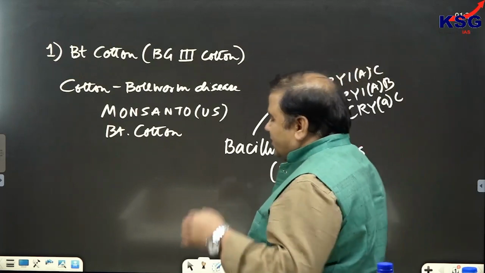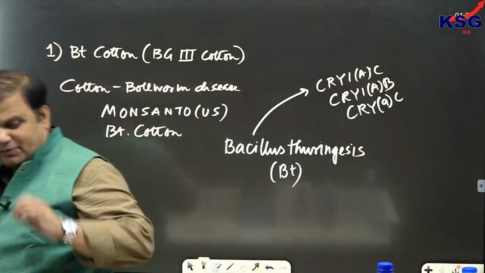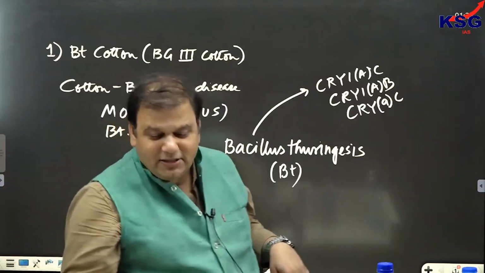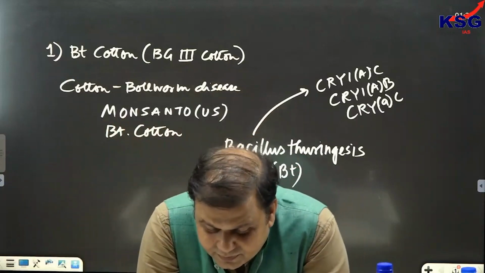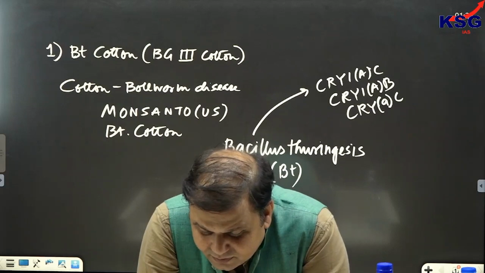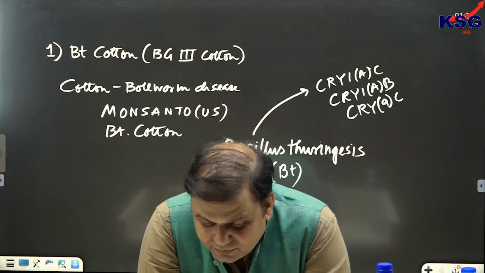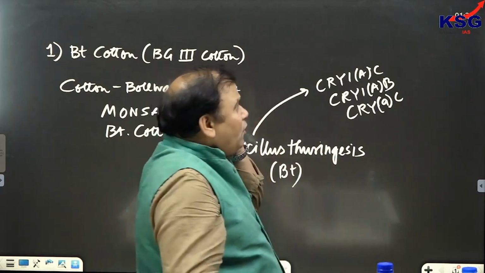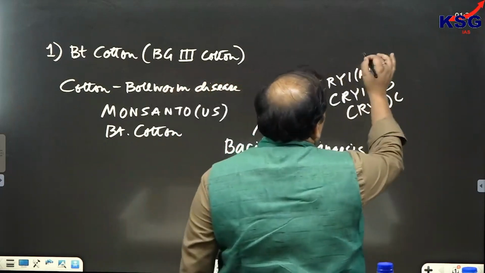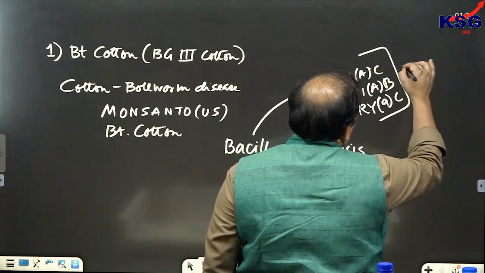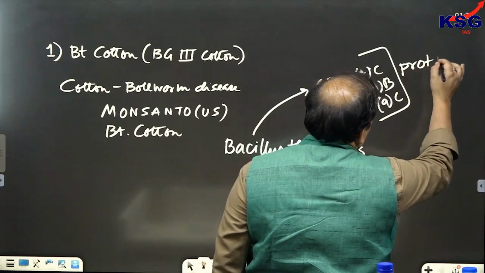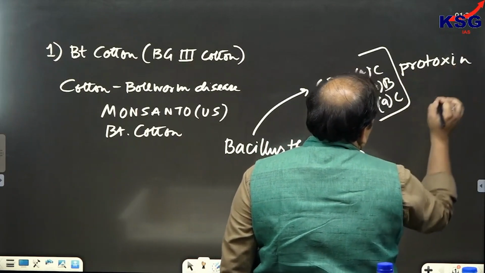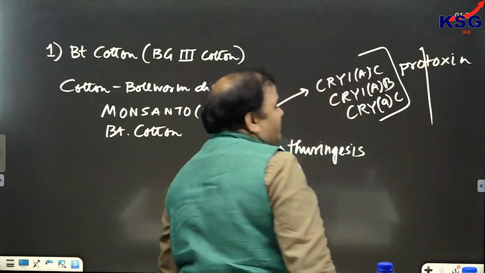Now, when we say Cry1AC, Cry1AB, Cry9C, all these genes are called protoxins. Protoxin has two words in it, protein and toxin.